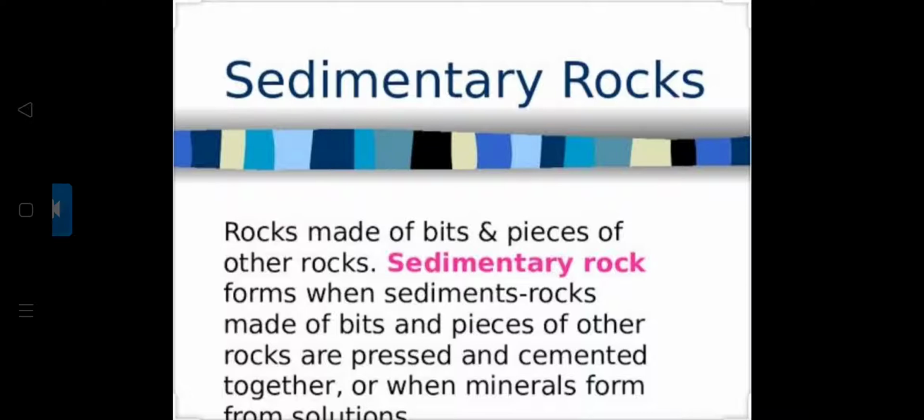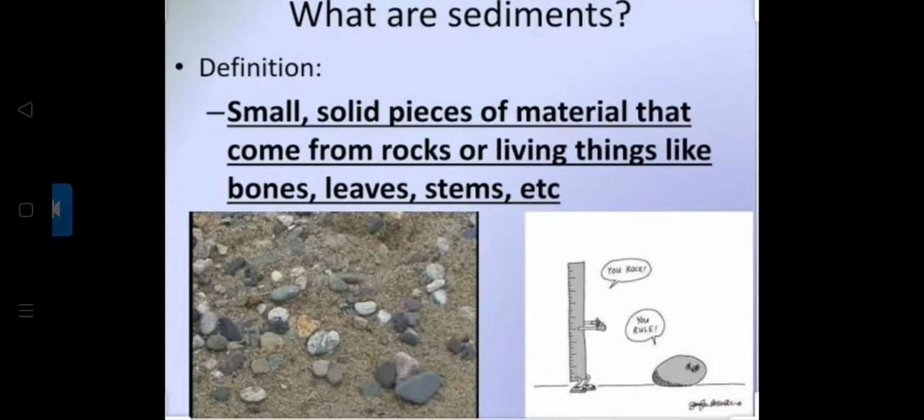They may also form by the accumulation and hardening of organic debris such as leaves, roots. See, in this definition, everything is defined. That's why I defined sediments in particular, so that you understand how they are mechanically formed, organically formed, and chemically formed. They are formed by the accumulation and hardening of organic debris such as leaves, roots, other plants, and animal matter.